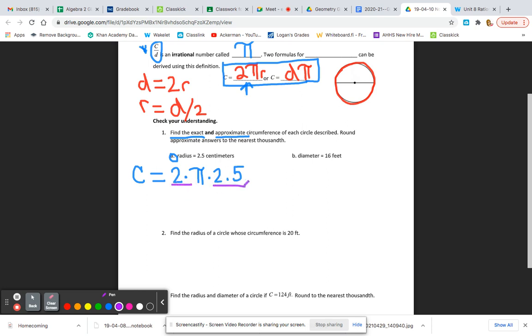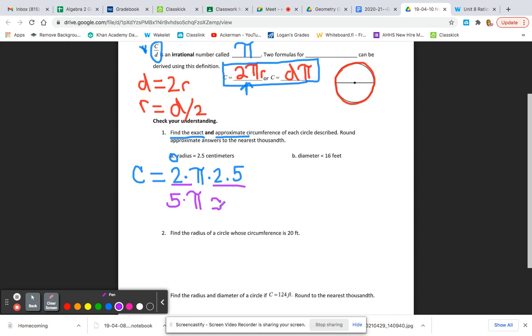We have 2 times 2.5. That gives me 5. And then I still have to multiply it by pi. Okay? In the calculator, when you do this, you want to make sure you're using, again, the pi button, not just 3.14.